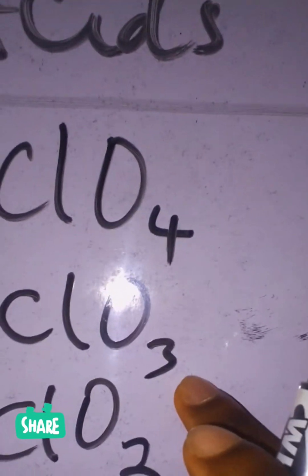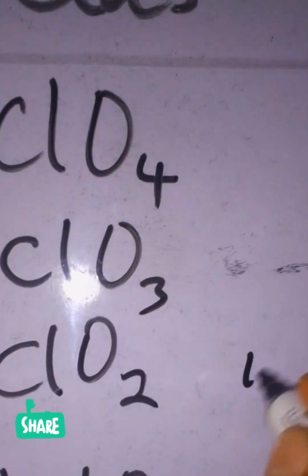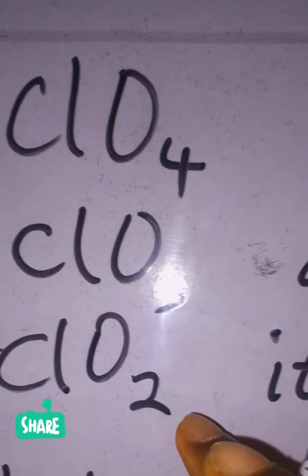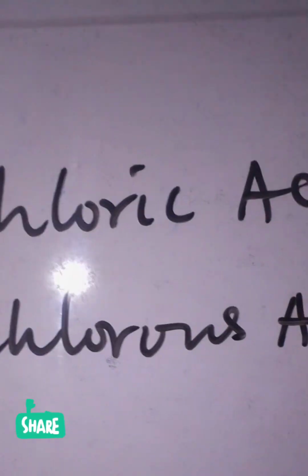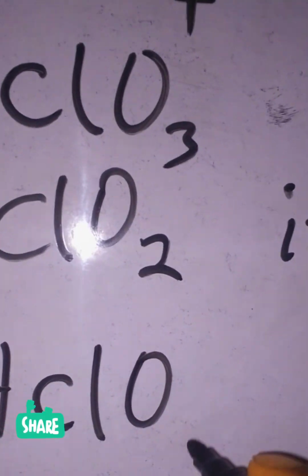Now, there is a drop from 3 to 2. The ite is going to change to ous acid. Remember, ate changed to ic acid. The ite is going to change to ous acid. So if we have chlorite, we are going to have chlorous acid. Now, coming further, there is another drop in oxygen to get a hypochlorite.